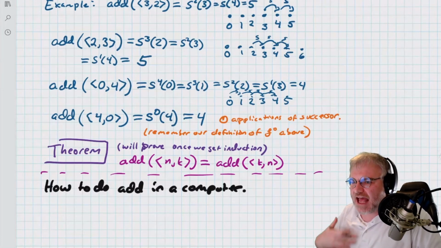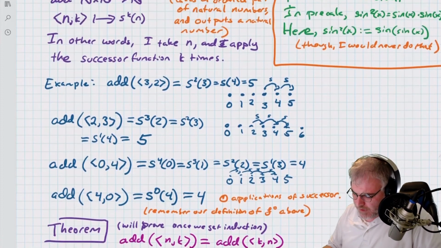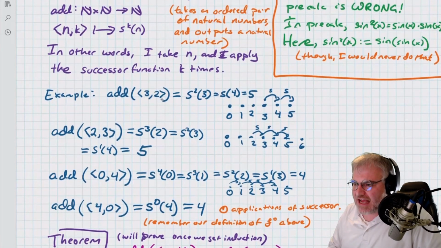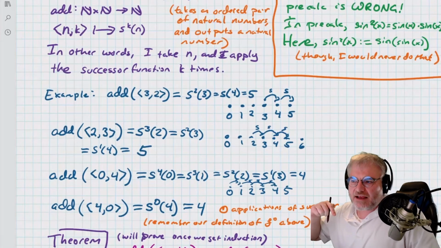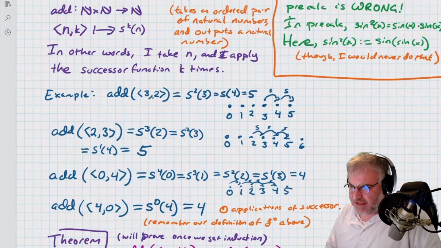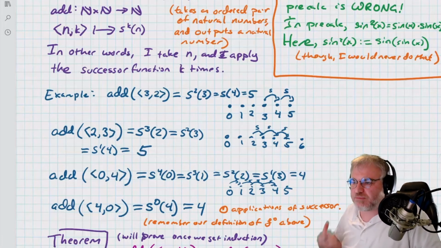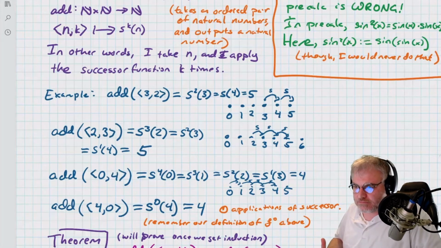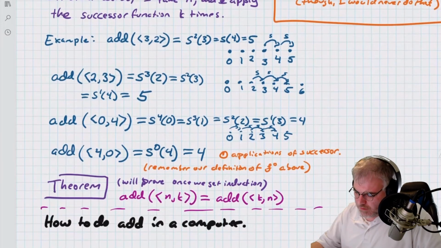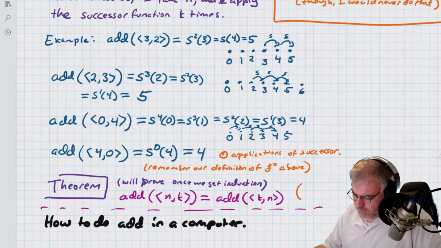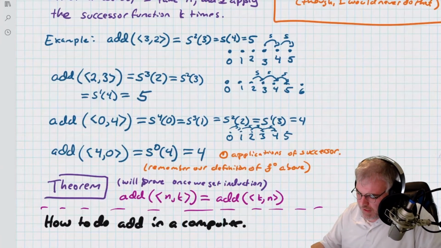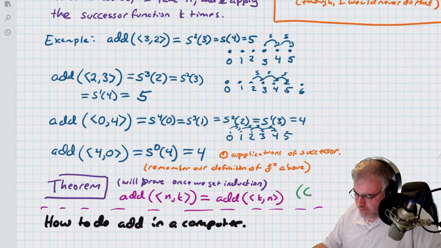And so when I add n, I take n and then I add 2 to it by incrementing k times. And that's how the computer thinks of plus. By the way, this property right here is called commutativity.